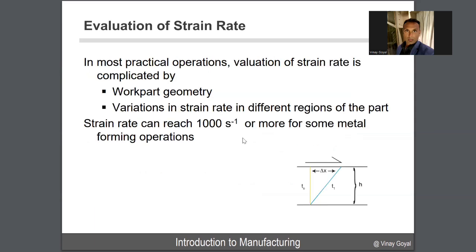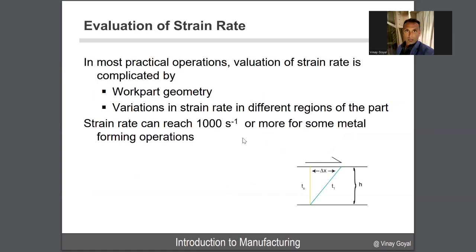So I can evaluate the strain rate in most practical operations, and the value of the strain rate is complicated by the work part geometry, variations in strain rate in different regions of the part, meaning there might be parts where the strain rates may be different from other locations.